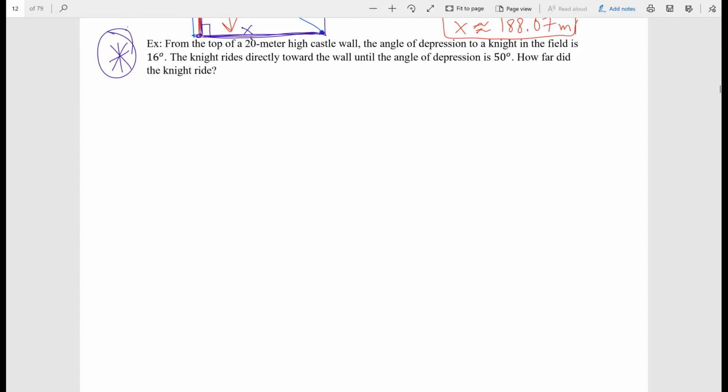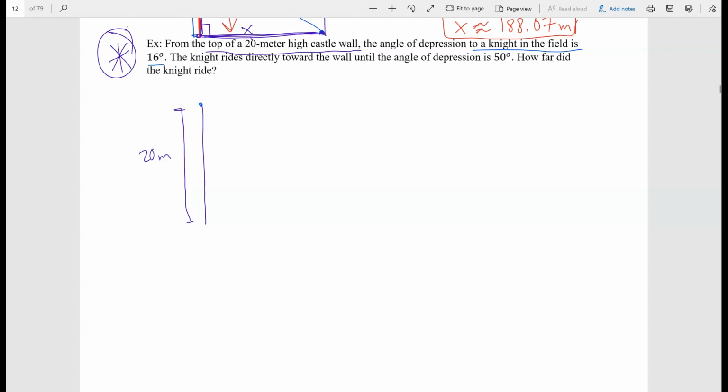Let's first start off by drawing a picture. Let's start with drawing the 20-meter high castle wall. So we have this castle, it's 20 meters high. And the angle of depression to a knight on the field is 16 degrees.